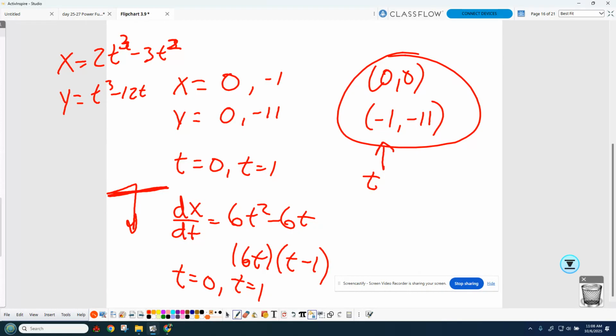So putting in 0, I get (0, 0). Putting in t is 1, I get x is -1 and y is -11. Other questions? And again, I told you guys already about the derivative of the trig one.